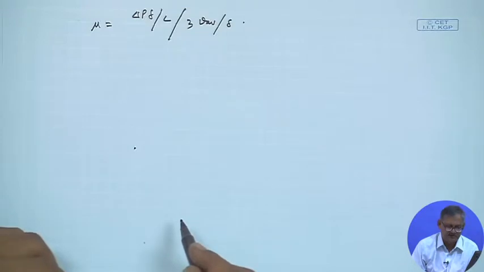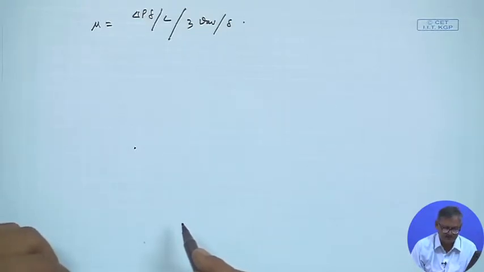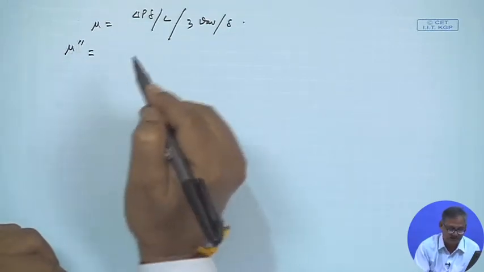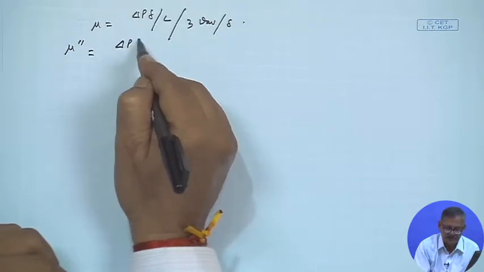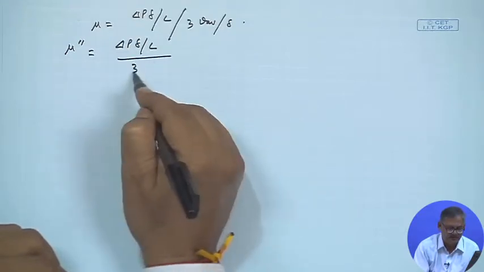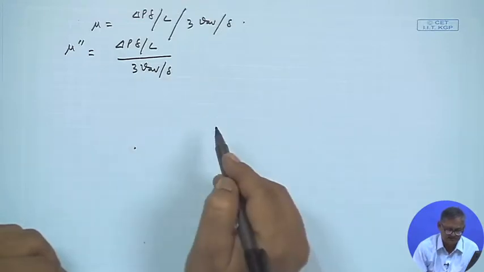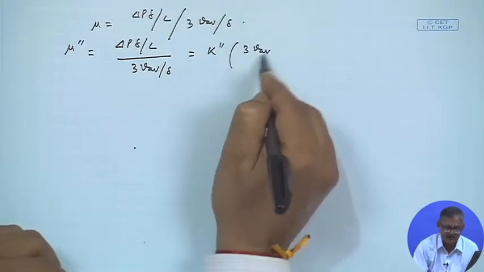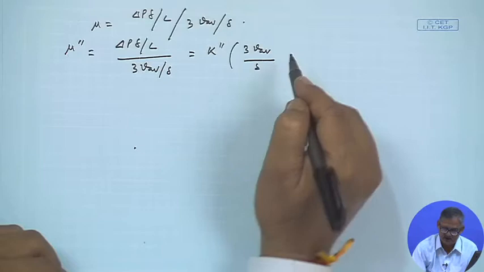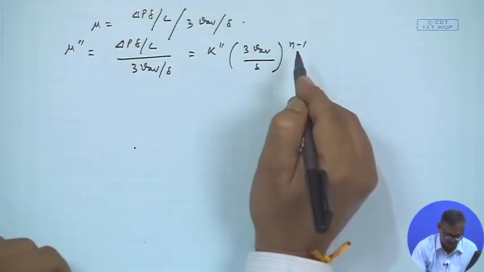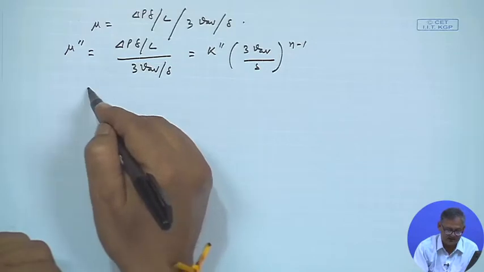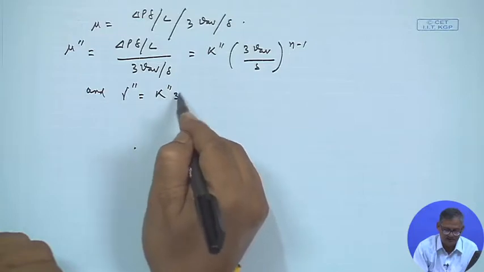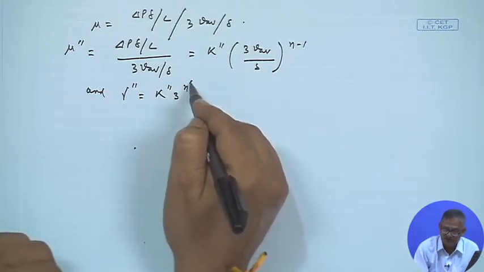Keeping the same ratio, we can write mu double prime is equal to delta P del over L over 3 V average over del. So, this is k double prime (3 V average over del) to the power n minus 1, and gamma double prime is equal to k double prime 3 to the power n double prime minus 1.